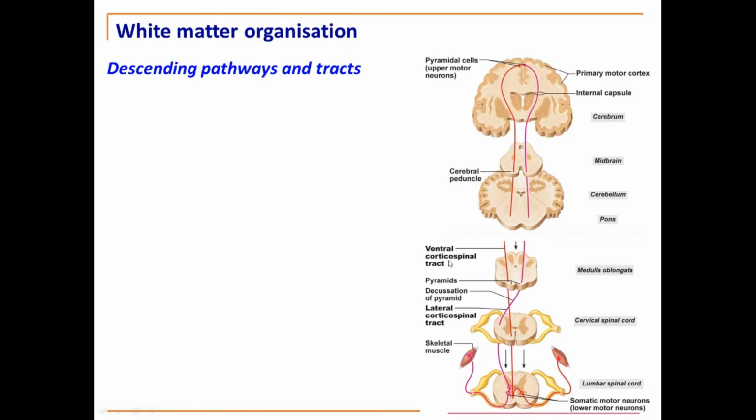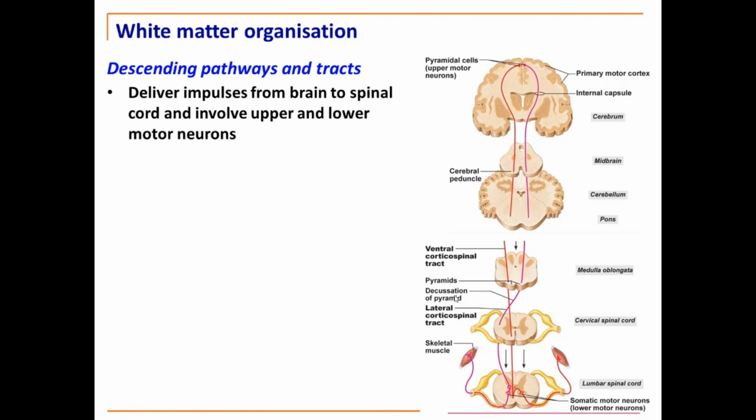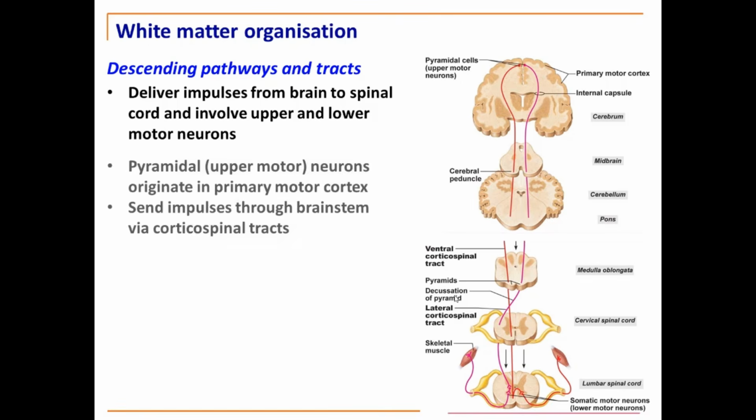They're both going from the cortex to the spine, but if you're looking at them, you can see that they cross in different places. So we all know that they cross from one side to the other. They're just crossing in different places. So you've got decussation of the pyramids going on there. They help to deliver impulses from the brain to the spinal cord and involve both the upper and lower motor neurons, as we've already talked about.